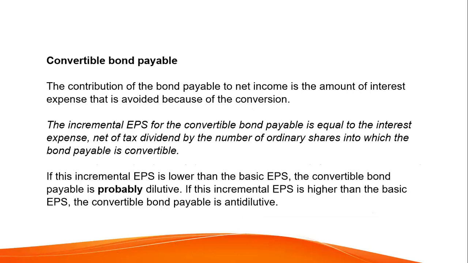The incremental EPS for the convertible bonds payable is equal to the interest expense net of tax divided by the number of ordinary shares into which the bonds payable is convertible.